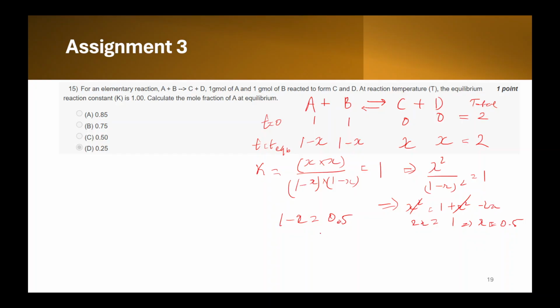So the mole fraction of A, which you can denote as x of A, will be n of A upon n total.